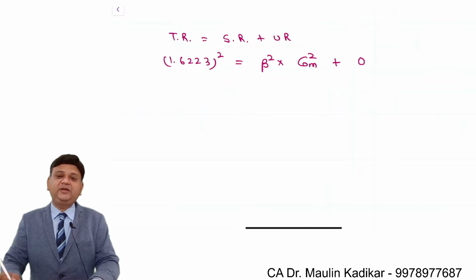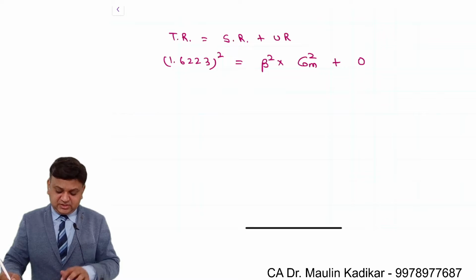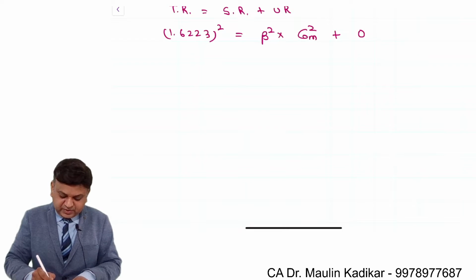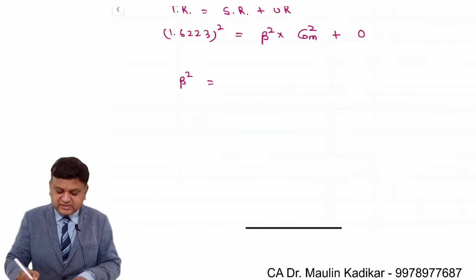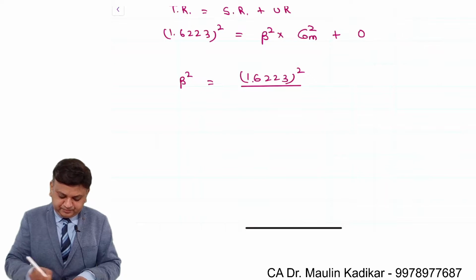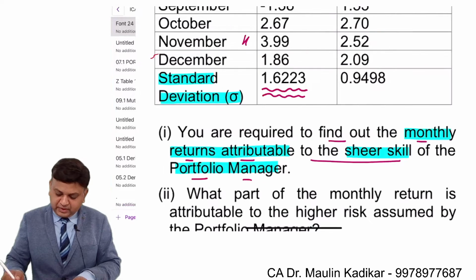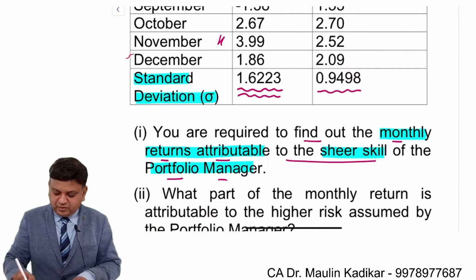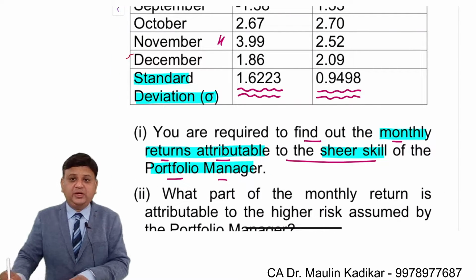What does it mean? It means that the unsystematic risk is 0. As far as the beta square is concerned, it is calculated as 1.6223 raised to 2 divided by the variance of the market portfolio. What is the variance of the market portfolio? It is the square of 0.9498.